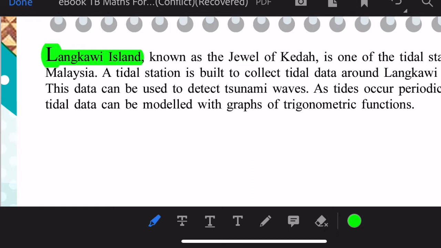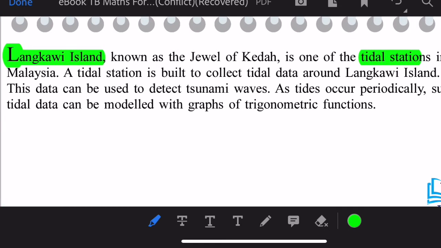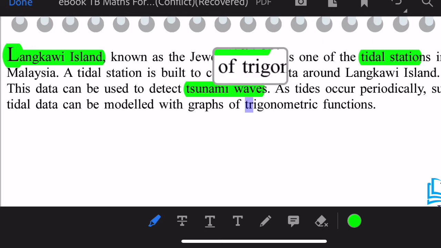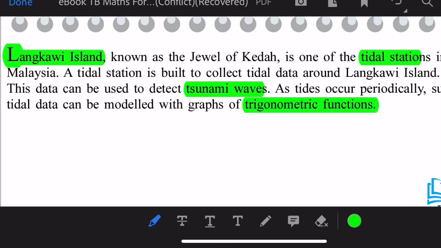A tidal station is built to collect tidal data around Langkawi Island. This data can be used to detect tsunami waves. As tides occur periodically, such tidal data can be modeled with graphs of trigonometric functions. Now you can see trigonometry is so important because it can actually be used to detect tsunami waves.